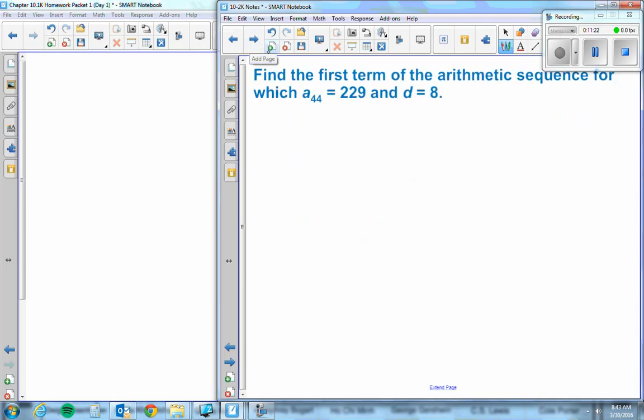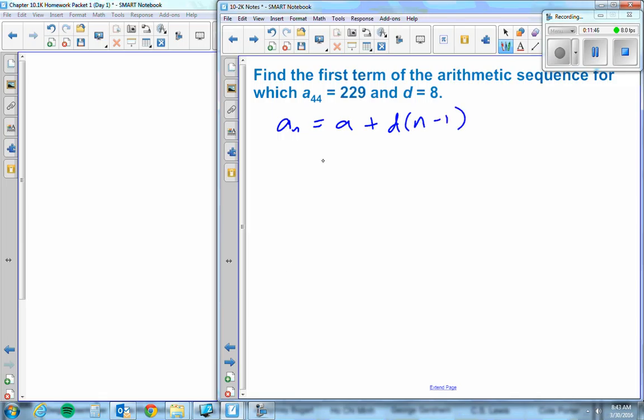So get them. We're going to skip that one. Sorry, let's move on. So write this one down. This one's kind of backwards, because they gave us the 44th term. So I'm going to set up my formula again. And this is one of those situations where you're going to plug everything into the formula and solve for missing parts.